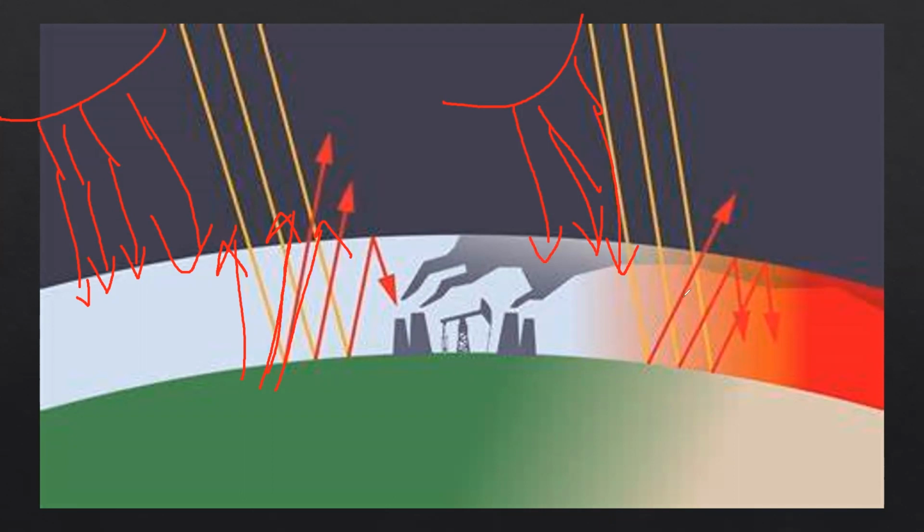But these gases will form a layer and prevent these rays from getting out of the atmosphere. So this means the greenhouse gases trap what? They trap the infrared rays, which here are represented by the red rays, and prevent them from getting out of the atmosphere. And this will cause the increase of the temperature.